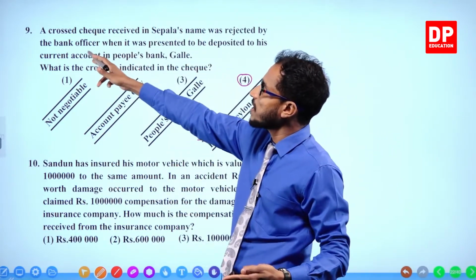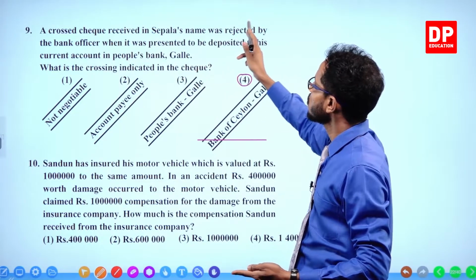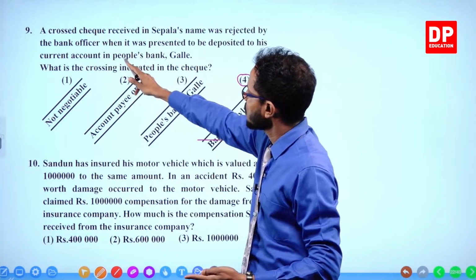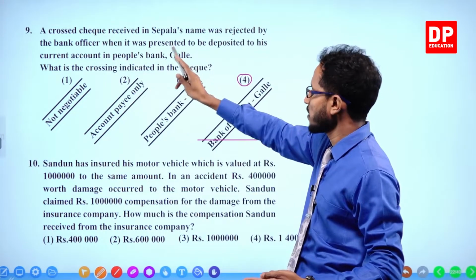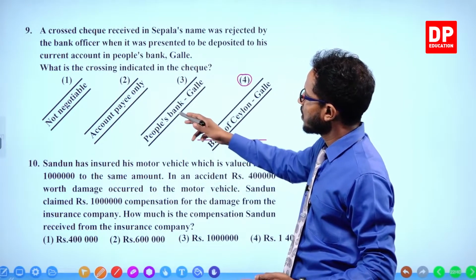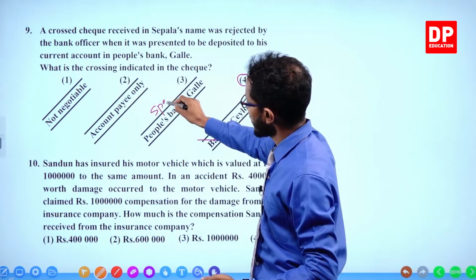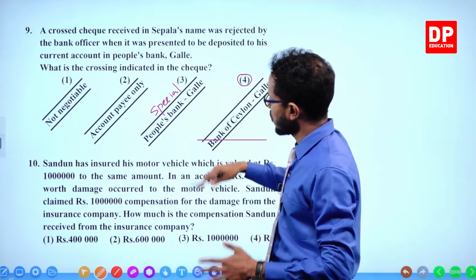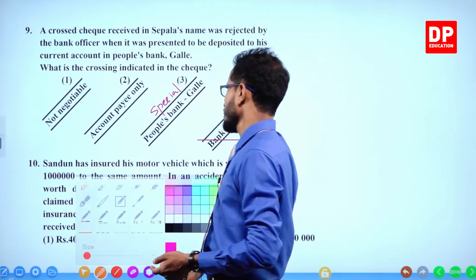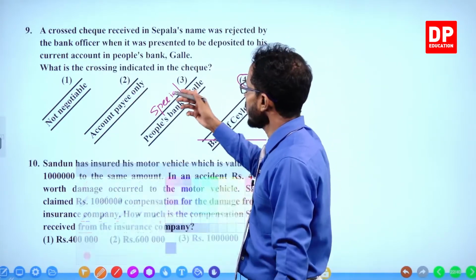It was rejected by the bank officer when it was presented to the People's Bank in Galle. If the crossing was People's Bank, if this special crossing was there, the check can only be deposited into People's Bank Galle. So he has gone to People's. This guy is innocent. He doesn't know anything.